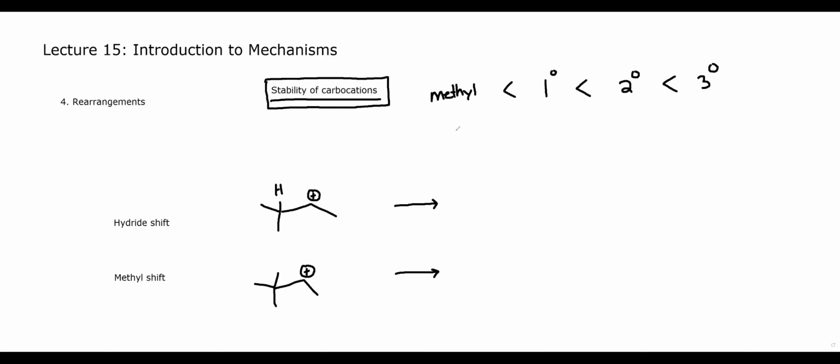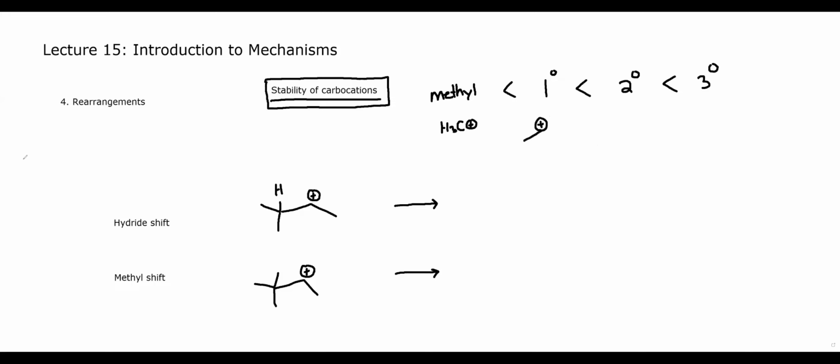So a methyl carbocation would be just a carbon atom. So we'll put H3C with a plus. That would just be a single carbon with 3 hydrogens and a positive charge. A primary carbocation would be something like this.